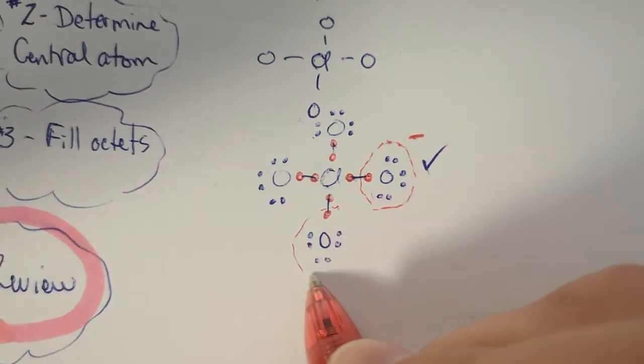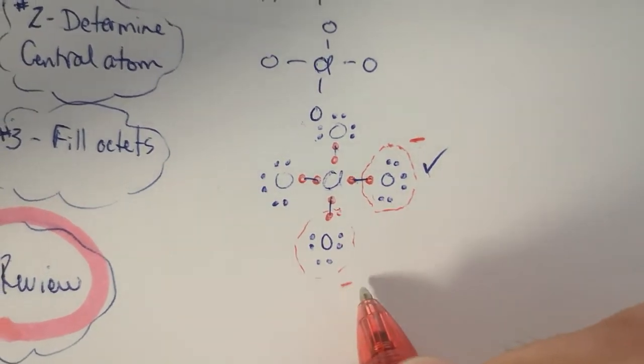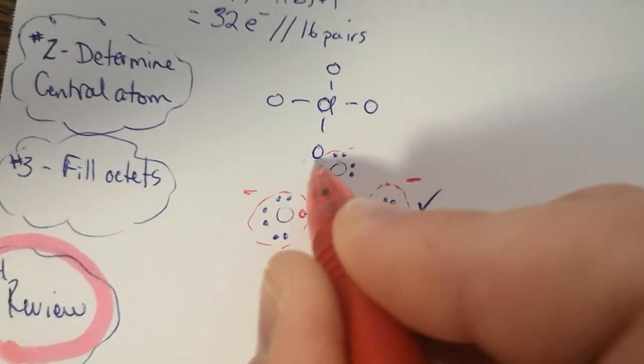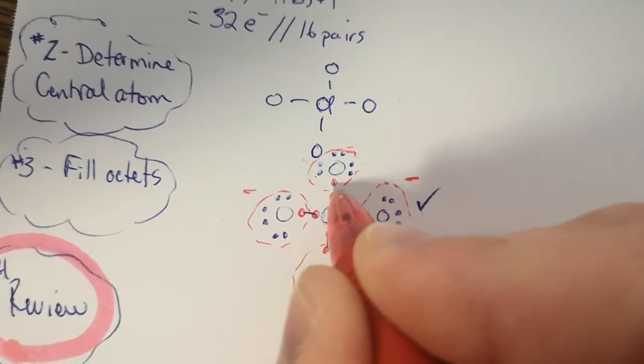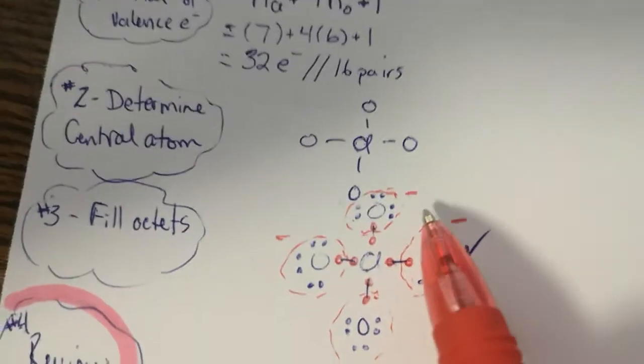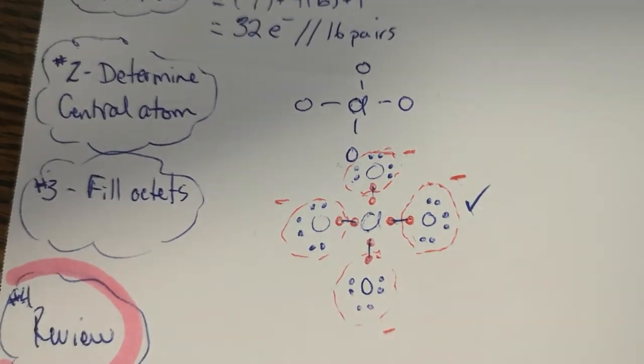If we look at our other oxygen, the same is true. If we look at our other 2 oxygens, this is all true. So there's an issue with this diagram. You're supposed to have 1 negative charge, but here we've got 4 negative charges.